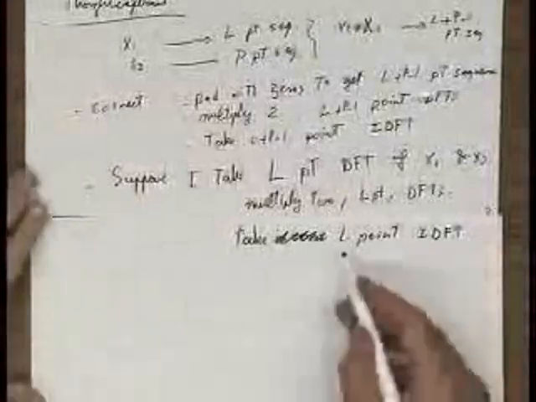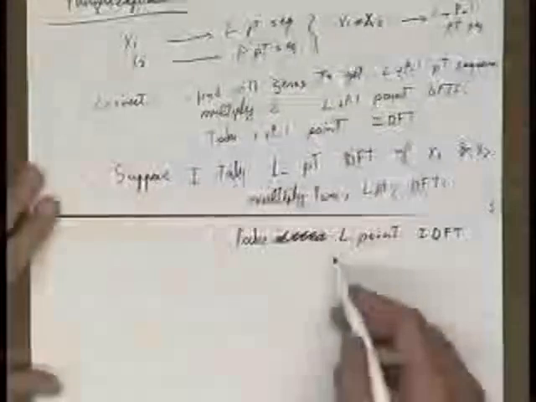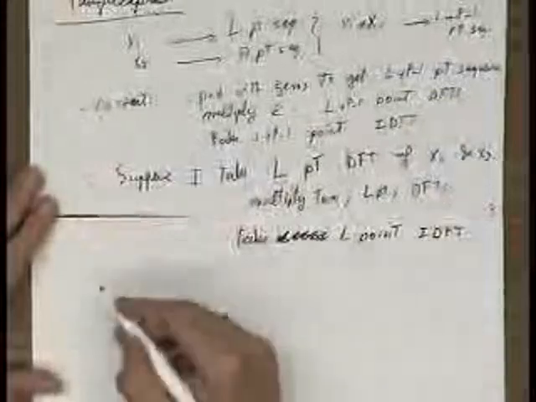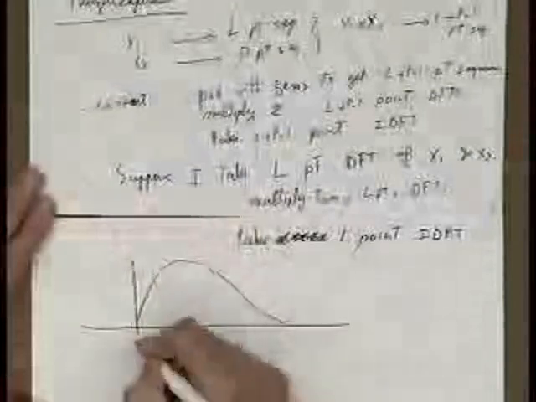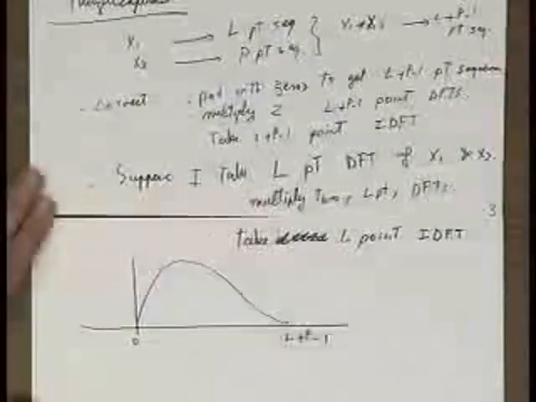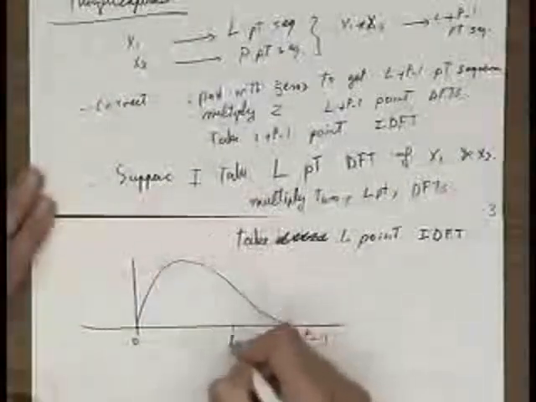So suppose I do this. What goes wrong? How many of the final L points that I'm going to get in this process are going to be garbage, are going to be erroneous, because I didn't pad with enough zeros, and how many points are not garbage? I'll first give you the answer, and then I'll try to convince you that that's the case. If I do this, the real convolution will go from 0 to L plus P minus 1, and here I'm just taking an L point DFT.